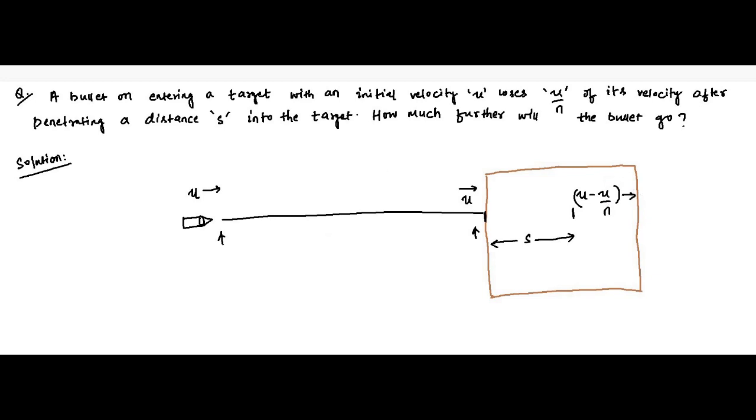So here you should write it down. Initial velocity is u, final velocity is equal to v.